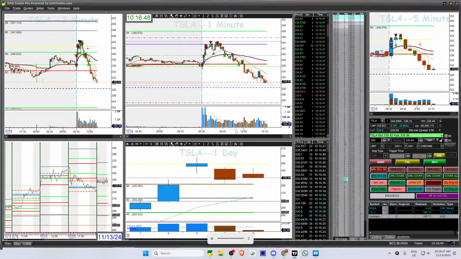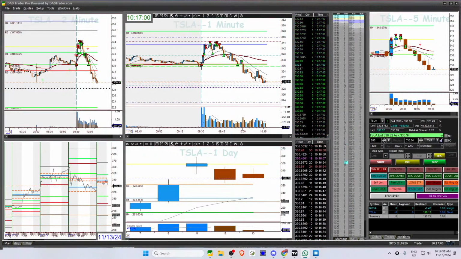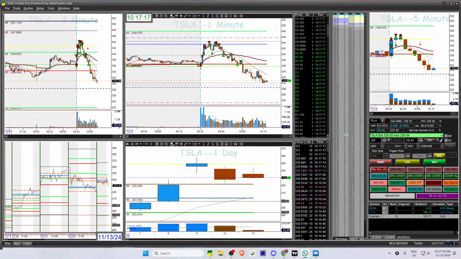It never came against me and ran about an hour in my direction. As soon as it hit my target, I got out, and then it reversed. I wasn't really watching it, and I got in what I thought was a little late, but I ended up getting back in the other direction, and that turned out really well too. So you never know, but as far as practicing holding winners, I highly recommend it.